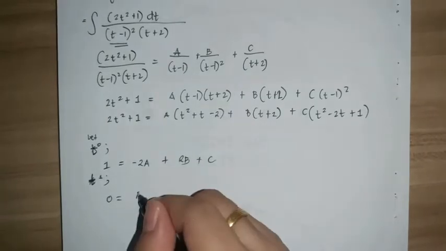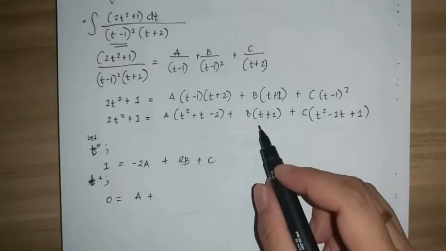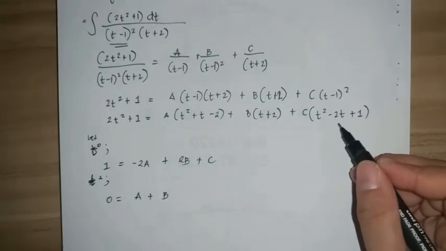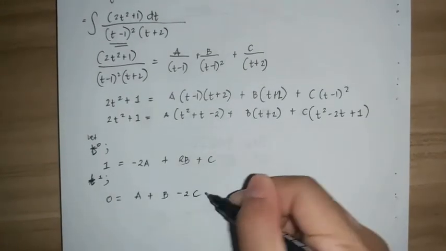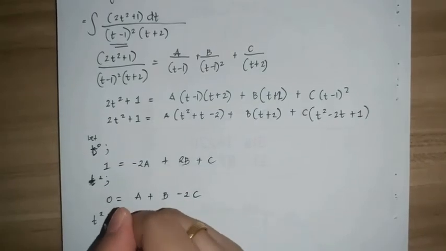So we have a, its coefficient is just 1. Just write a here plus b. But this one, negative 2, is with t, so we have negative 2c, and t raised to 2.